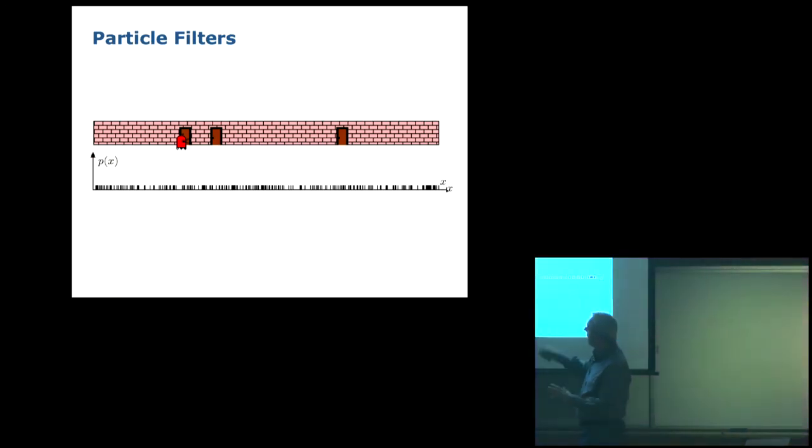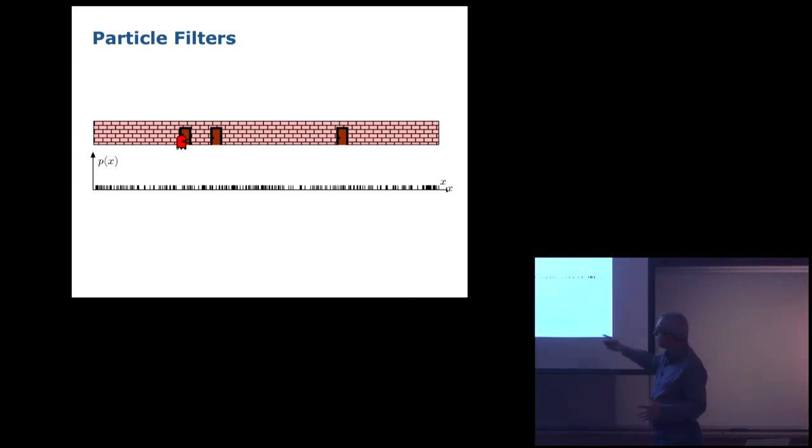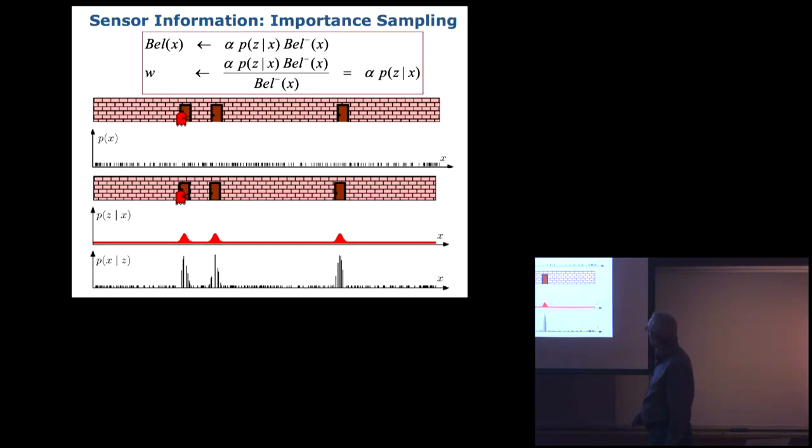Here's another visualization. We saw this with the distribution, and here is the very same visualization with particles. Initially, these are just randomly distributed particles. It doesn't matter if you calculate the uniform distribution by sampling them equidistantly or if you just use the random number generator in your computer. This is the second version. So the next step, let's assume again we have the observation first.